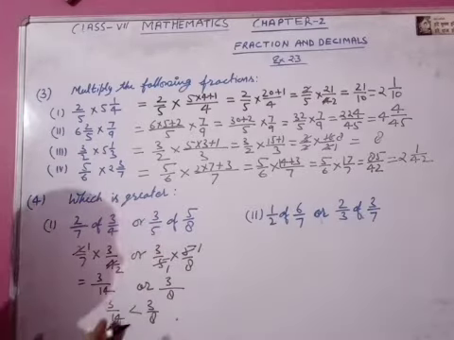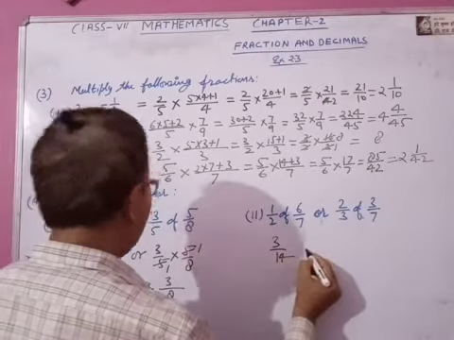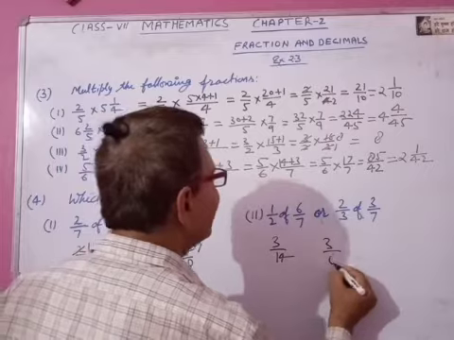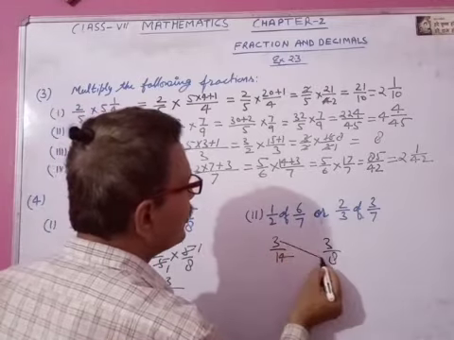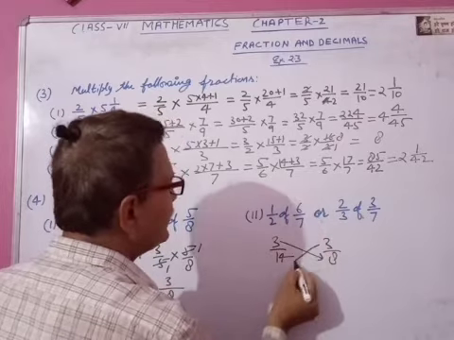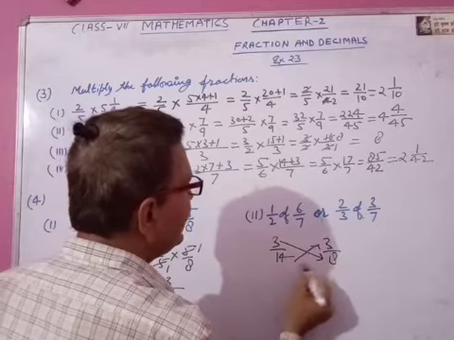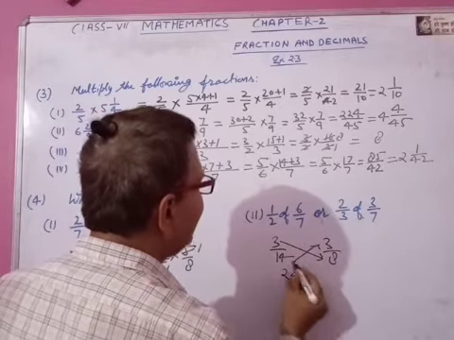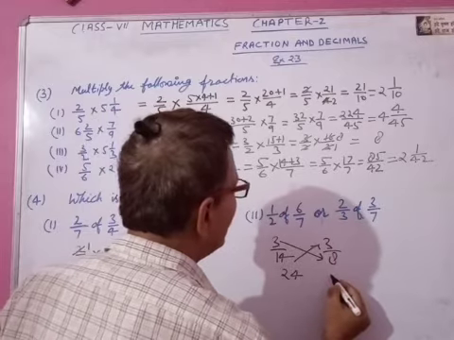by another method. See here, 3 upon 14 is greater or 3 upon 8 is greater. You will check, you will do cross multiplication. First you will do cross multiplication and you will do this type of cross multiplication. First you will write here 3 8 ja 24 and 14 3 ja 42.